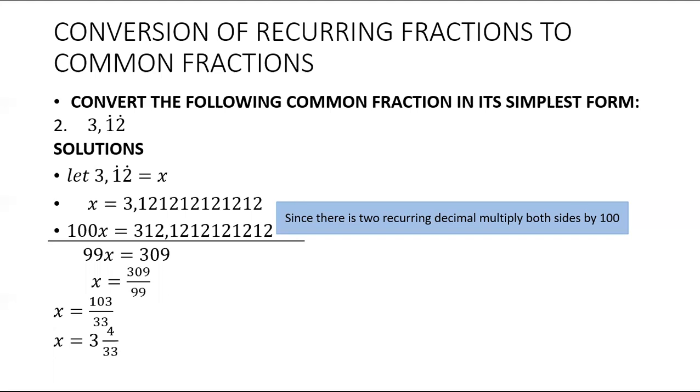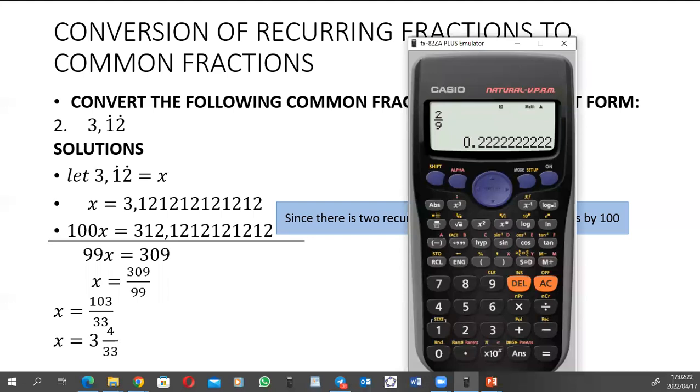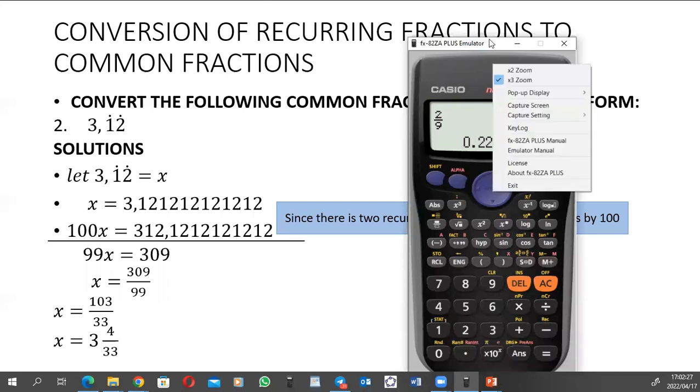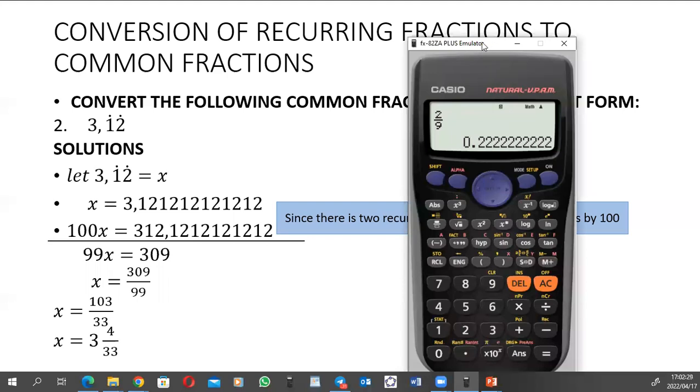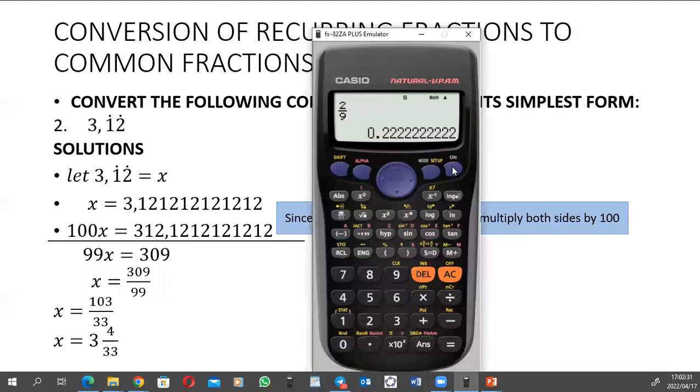Let's see if that is indeed correct. You will simply go to Shift, press this button, and then in the whole square, you will put 3.